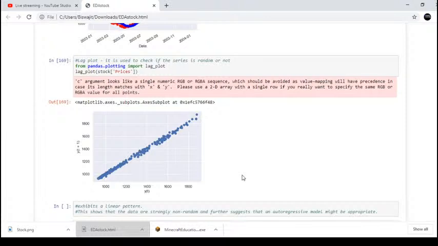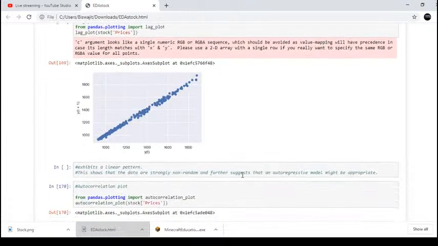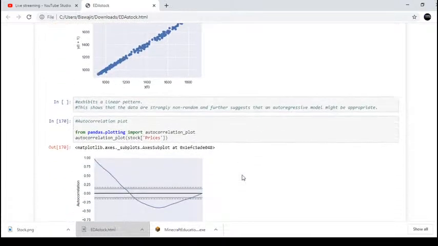As you see, there is definitely a trend, like you have seen in that line plot previously. That means it's not a stationary time series, so we have to first make it stationary before building a model, but that's part of building an ARIMA model, right?